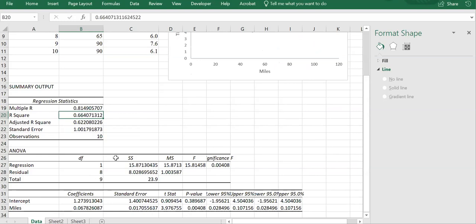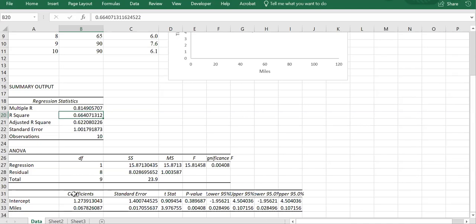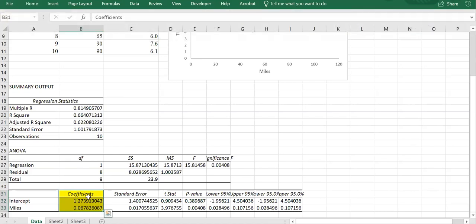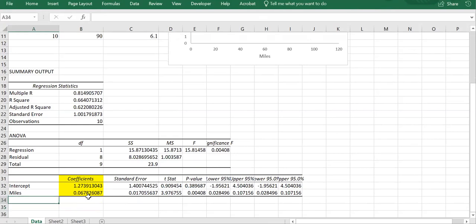But for now, we're trying to get the equation, and what matters here is just the third table, the coefficients. I'm just going to highlight this. This is the part that we need to know right now. So I have the intercept and I have the coefficient for miles.